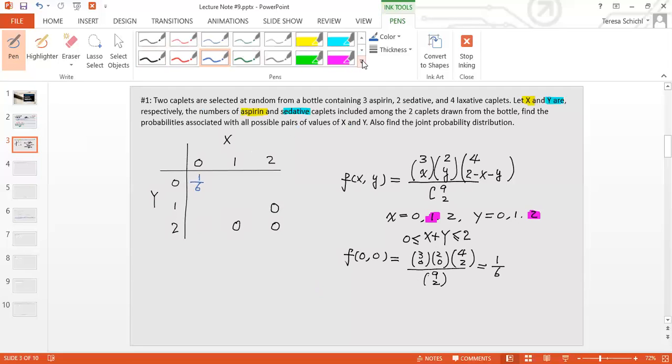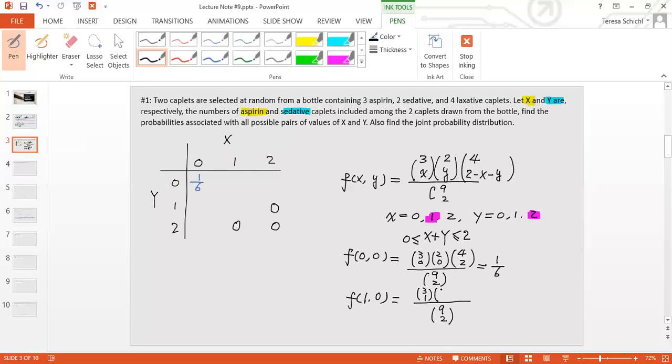The same way is here. Let's try to do one more. If I want to find f of 1, 0, that means I'm trying to find this probability: 1 aspirin and no sedative. The same way, it's 9 choose 2 on the bottom. How many aspirin you have is 3 choose 1.